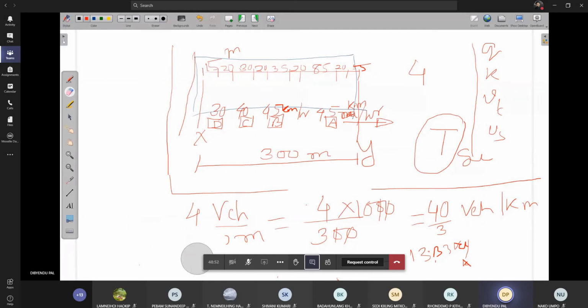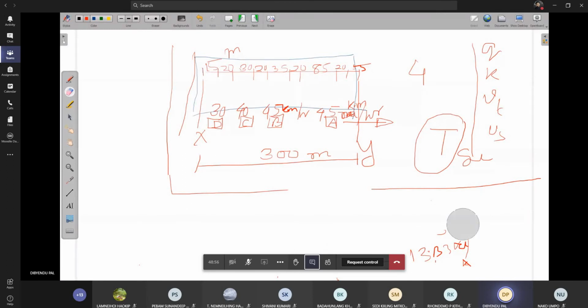What is the next part? The next part is to find out the time mean speed and space mean speed. How to find out the time mean speed and space mean speed? What is time mean speed and what is space mean speed? TMS you can write.